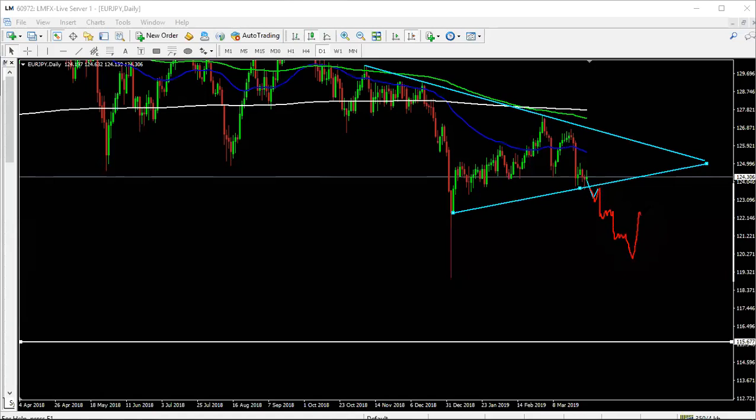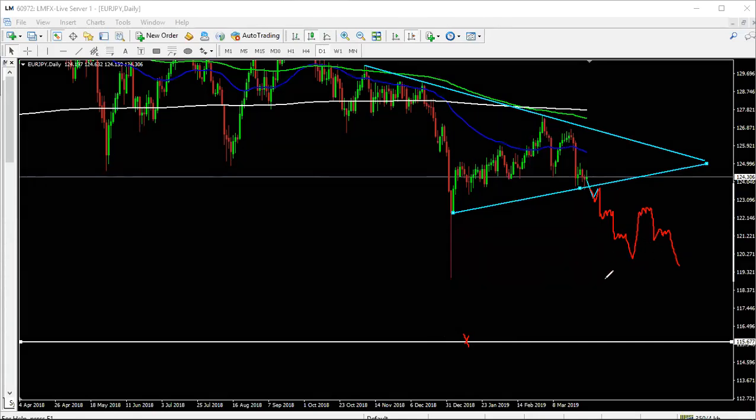Impulse, correction. Impulse, correction. Impulse. Okay? I'm not saying that as soon as this breaks and retests, you're going to have a drop straight down to this area. There's going to be movement, news releases, economical events that are happening. Okay, but in theory, that is the area.